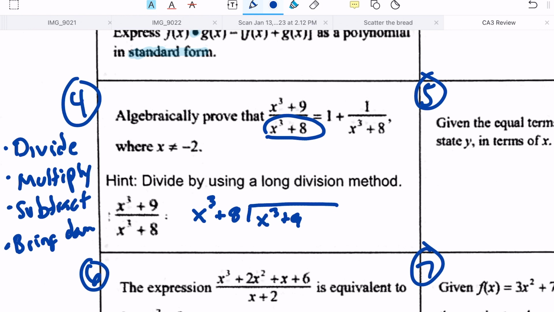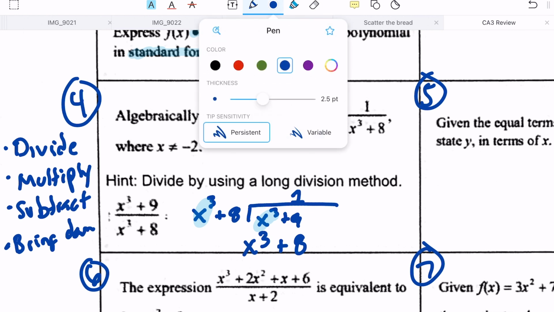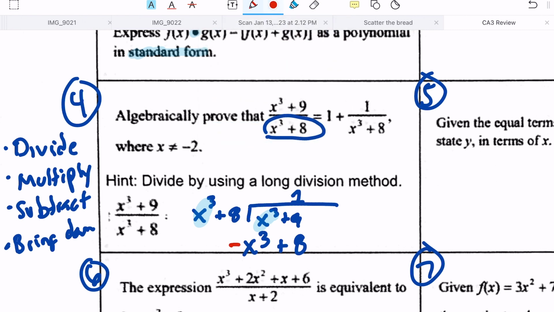Okay, in that order. So x cubed goes into x cubed, so remember we divide the first terms. Well, x cubed goes into x cubed one time. So now we multiply. 1 times x cubed is x cubed. 1 times 8 is 8. We are going to subtract, or change the sign of everything. So that becomes negative, negative. And then we add.